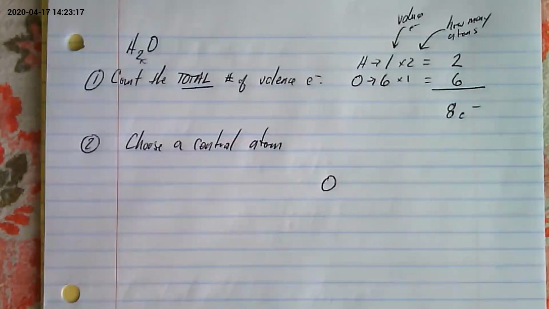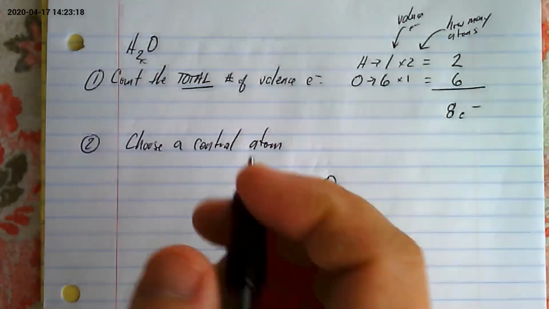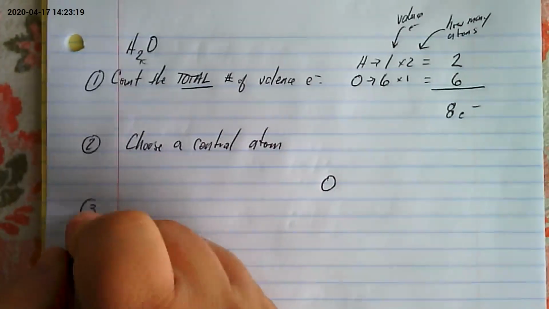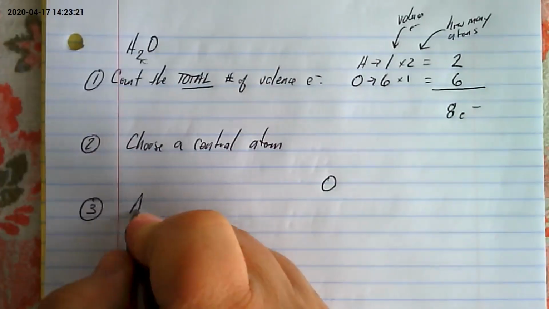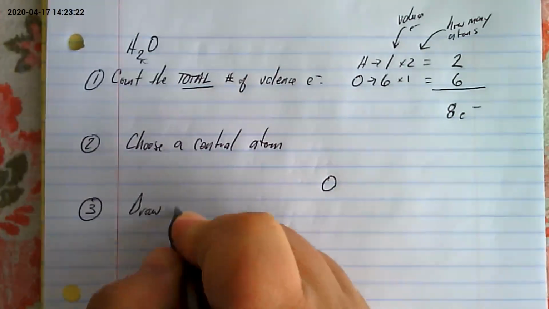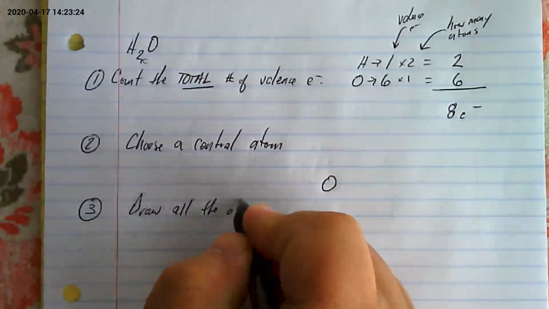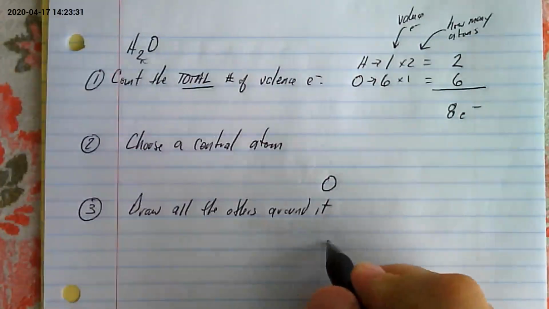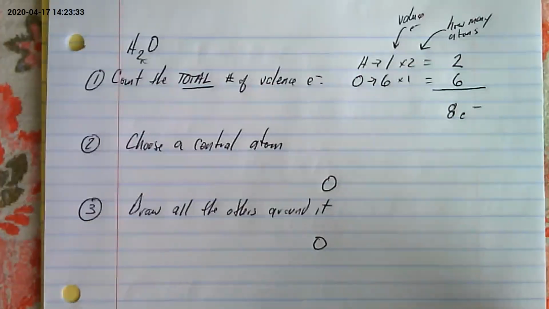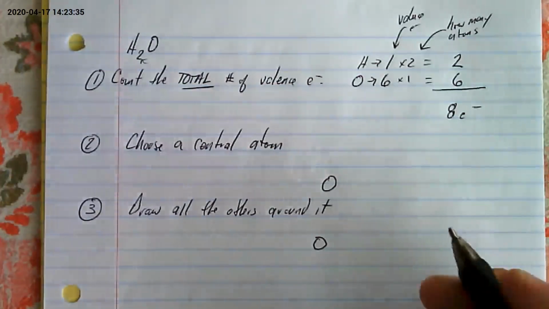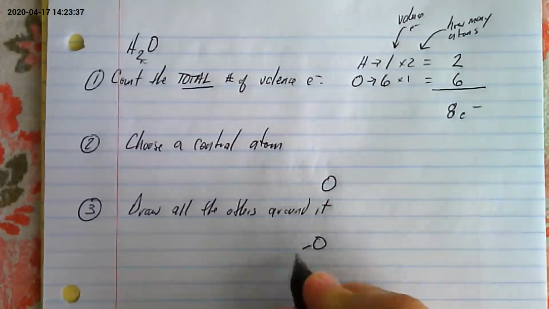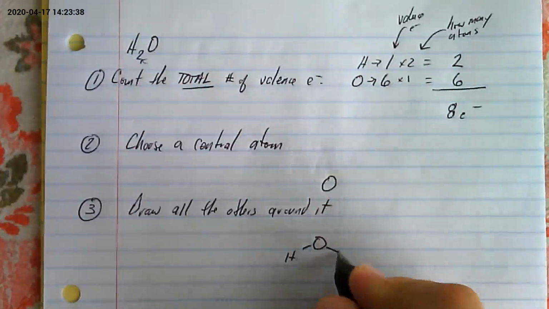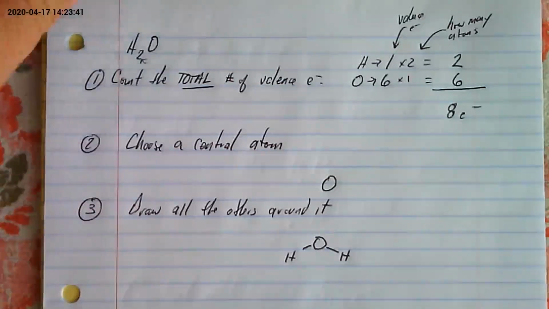If you have one of two different things, then chances are you have something that's in a line, so it doesn't really matter what's the central atom. And we'll talk about that in a minute. But if we look at water, the central atom is obviously going to be oxygen because we have one oxygen, okay, and we have two hydrogens. So we draw oxygen in the middle, okay?